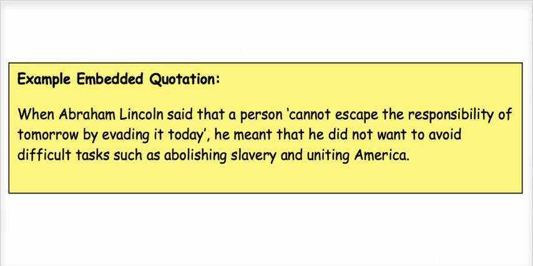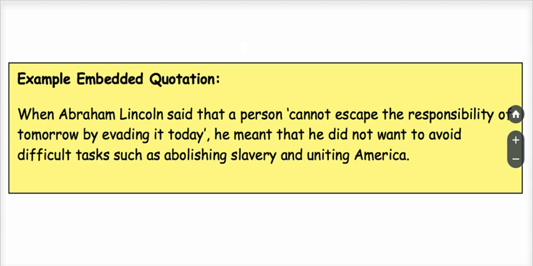When Abraham Lincoln said that a person cannot escape the responsibility of tomorrow by evading it today, he meant that he did not want to avoid difficult tasks such as abolishing slavery and uniting America. Now, you can see Abraham Lincoln's words are in quotation marks, but my words are written in such a way that Abraham Lincoln's words just flow into my sentence, and that is what we mean by embedding quotations.